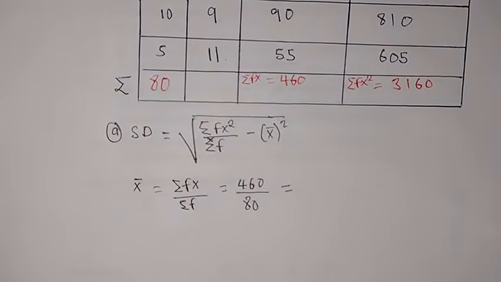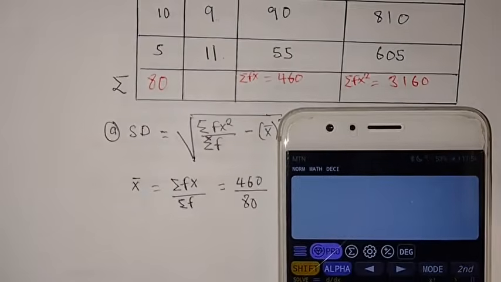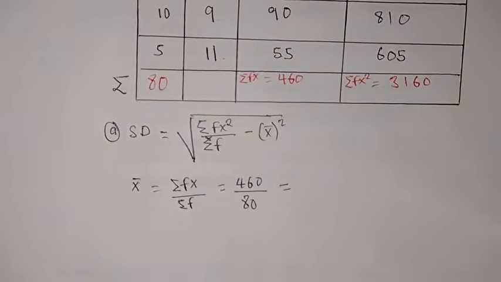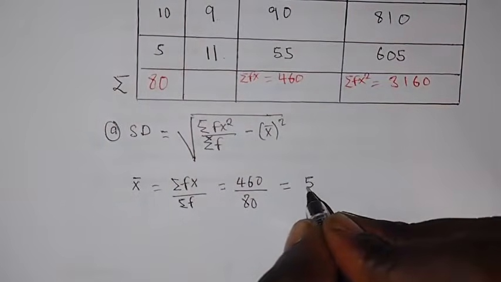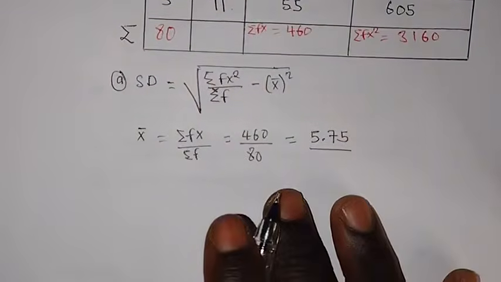Let's just divide with our calculator. We say 460 divided by 80. So it's giving us 5.75. So the mean here is 5.75. So we have found our mean now.